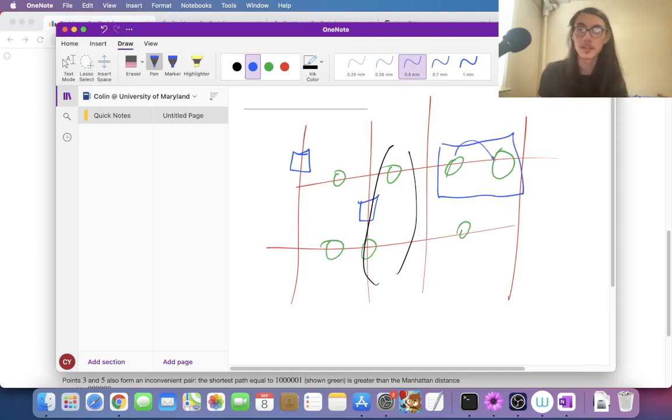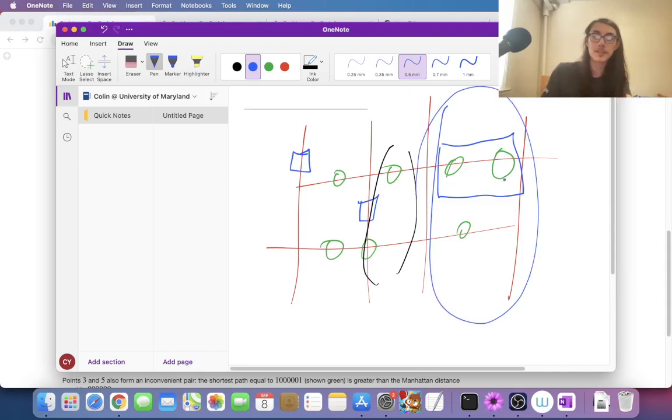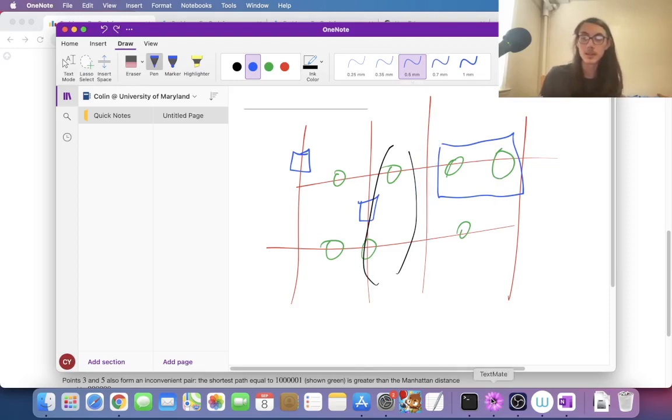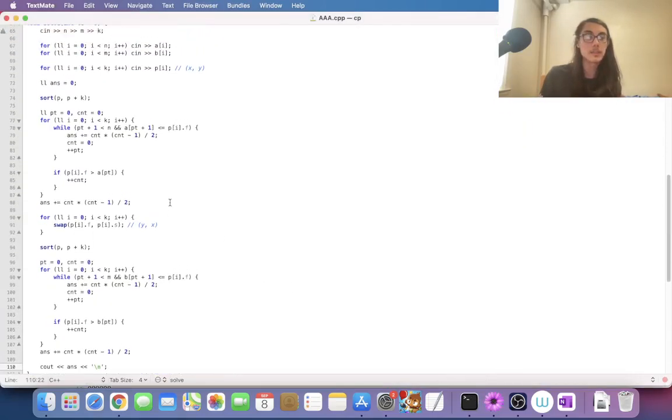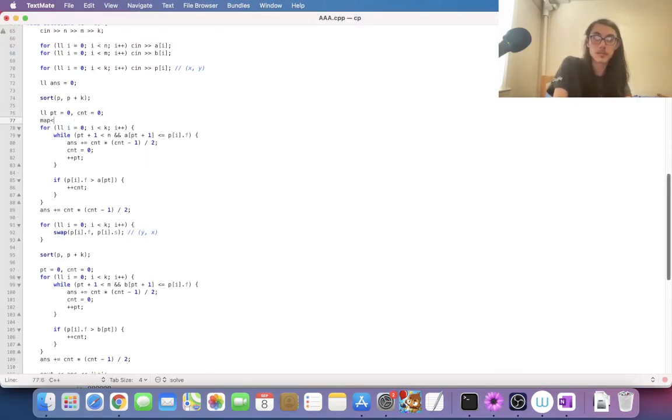Like, of course, this can go to this within the Manhattan distance. So what I need to do now is, we counted all the pairs within this region, and we specifically need to subtract out pairs that are in the same y coordinate. So I'm going to keep track of everything. Let's see.